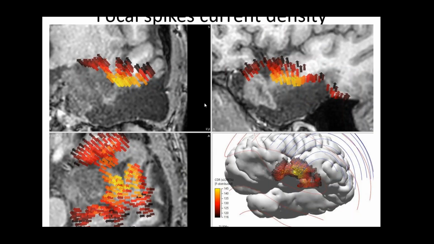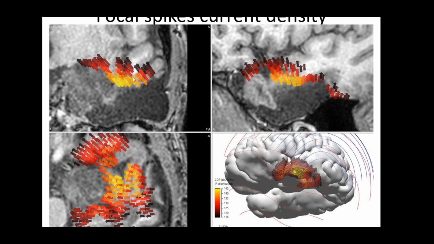With EEG source, you could look at the current density. The current density implies the density of dipoles that are depolarized and represent cortical activity. So this is an example of a cortical network of a spike.